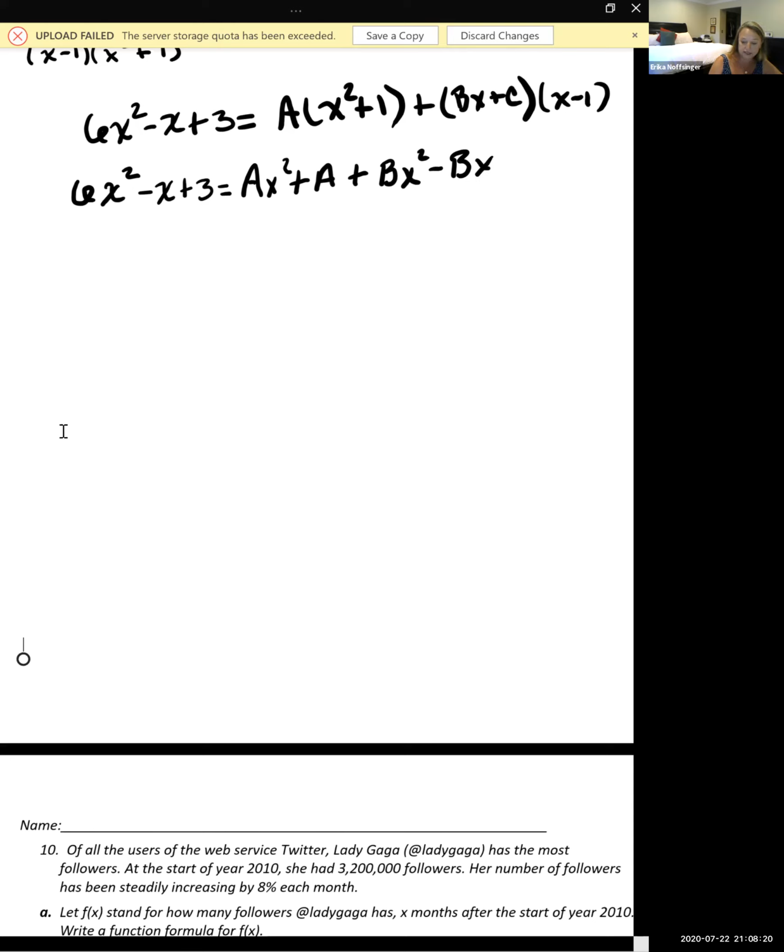Distribute your C, so C times x, so plus Cx. C times -1, so minus C.